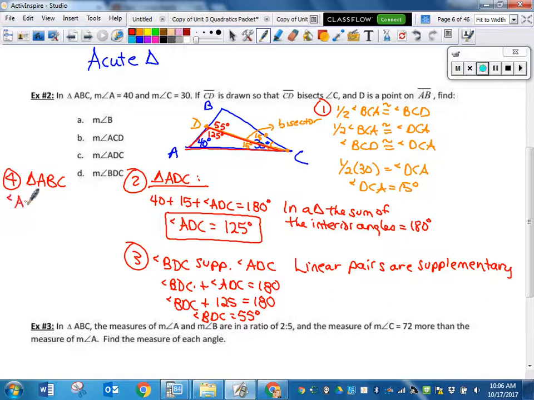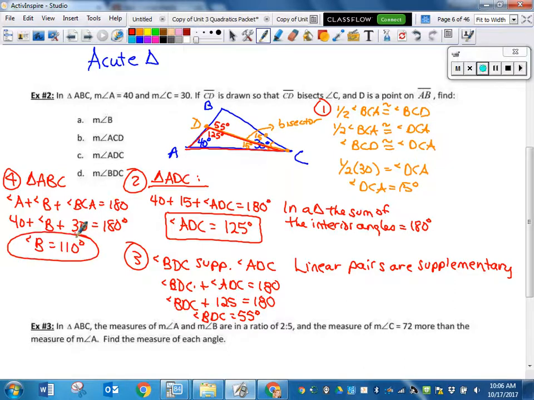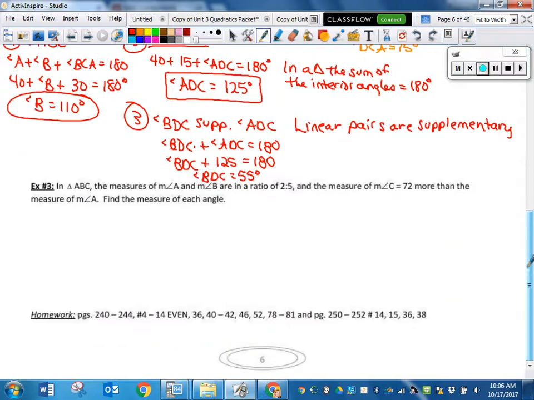Angle A plus angle B plus angle BCA has got to equal 180. Angle A is 40, angle B I don't know, that's what I'm looking for, and angle BCA is 30, and that equals 180. So angle B would have to be 110. Alright, there's angle B. Obviously the phone's ringing, but this is pre-graded.